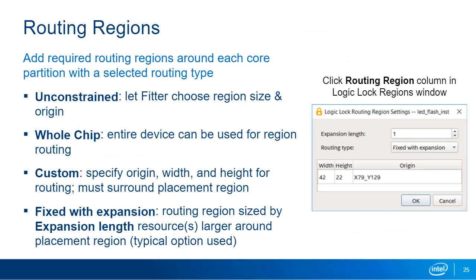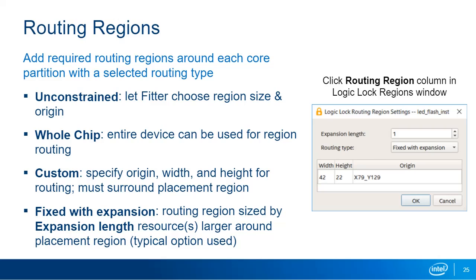You can create a routing region by clicking in the Routing Region column in the Logic Lock Regions window. In the dialog box that appears, select the routing region type and, depending on the type, the size and location of the region.